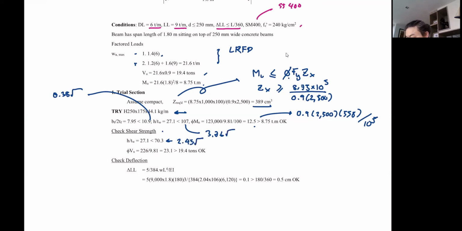So you have a compact section, and your shear I took from the table as well with the 9.81, but alternatively, again, you can calculate this from 0.9, and the shear stress is 0.6 multiplied by Fy and multiplied by the depth and web thickness of this section.